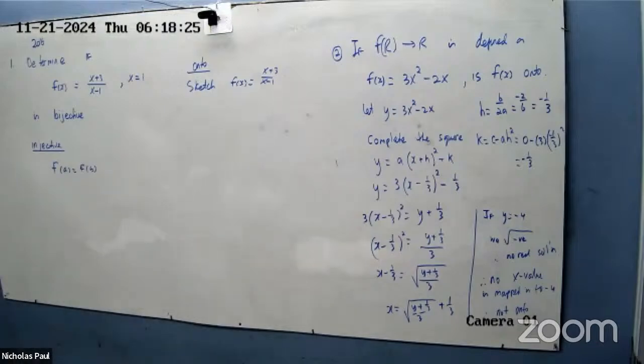Right, try the f of a equals f of b method, and then you just get to the next one.